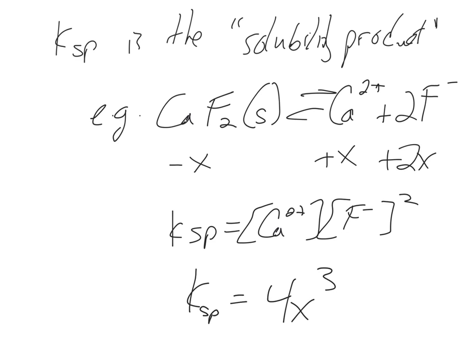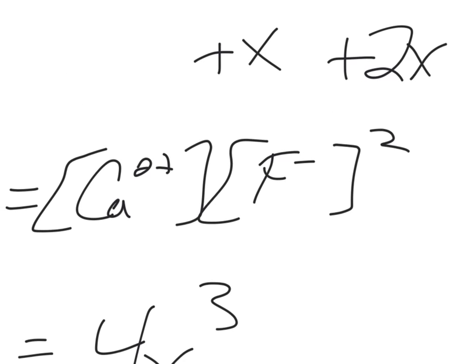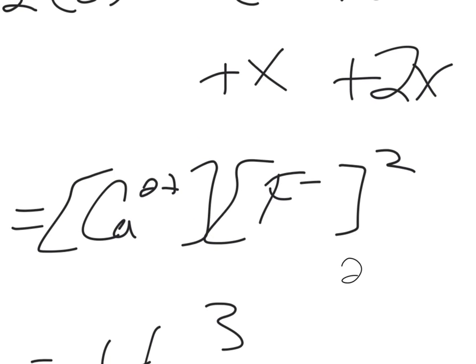So just don't forget that this guy here, if it's 2x, and it's squared, that 2 distributes. So it's 4x squared, and then the other x, 4x cubed. Pretty fancy stuff.